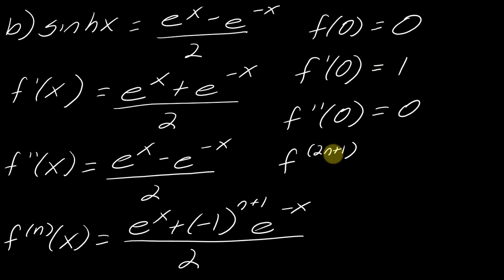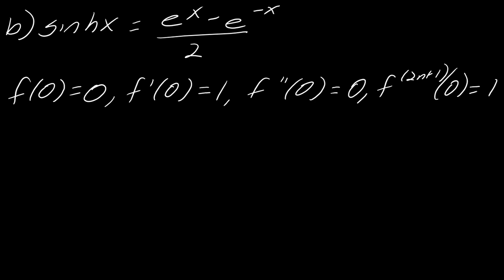So 2n plus 1 designates an odd number, so this derivative will always equal 1. Okay. So now I think we've got enough to move this forward. So let me make some space. Okay, so I've summarized all my information.